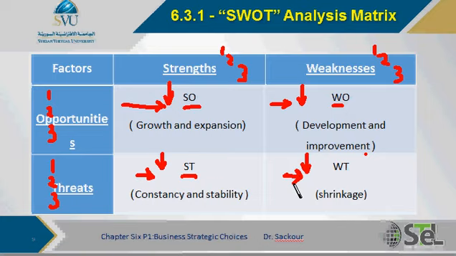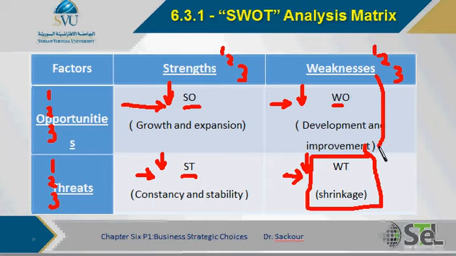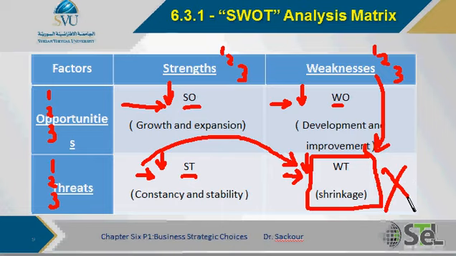However, the worst situation you can be in is in this area here, where you have many weaknesses, and you are facing many threats, and you are in a very bad situation. Good? Is that good?